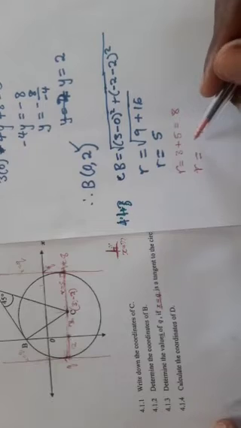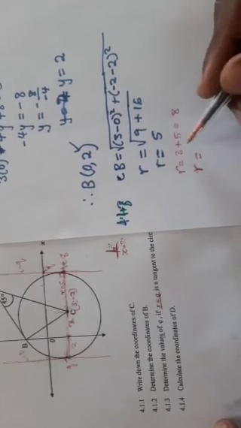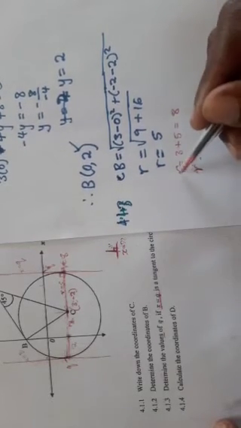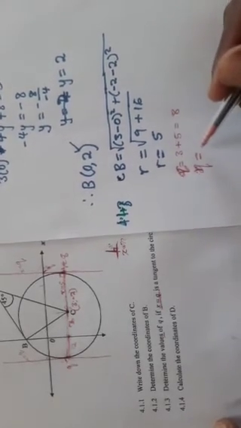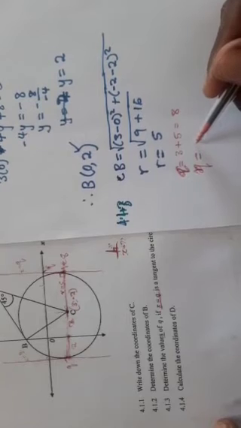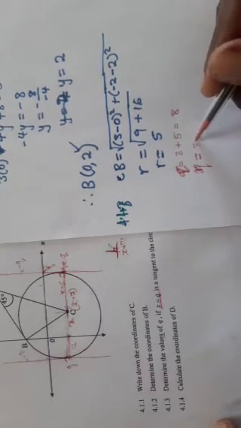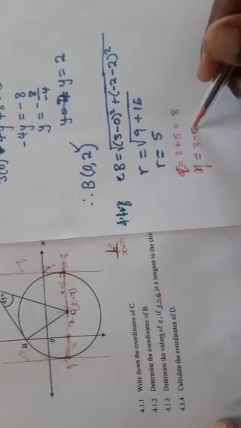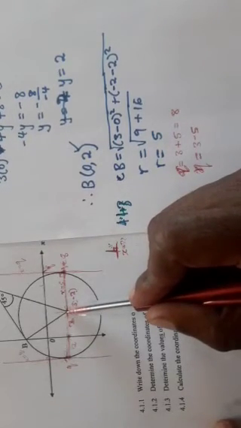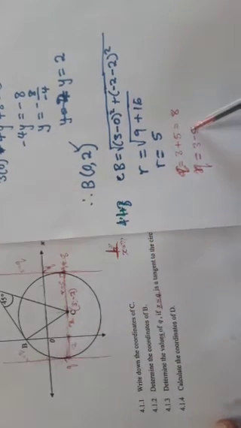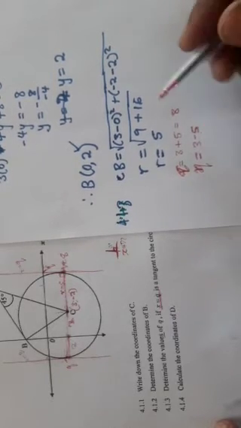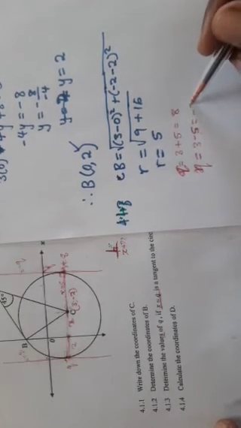So we can say the value of q is 3 minus 5, because we remove 3 units and then another 5 units to the left. To the left we subtract, so negative 5, and this will be minus 2.